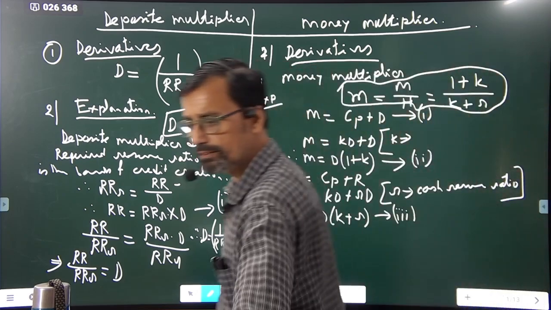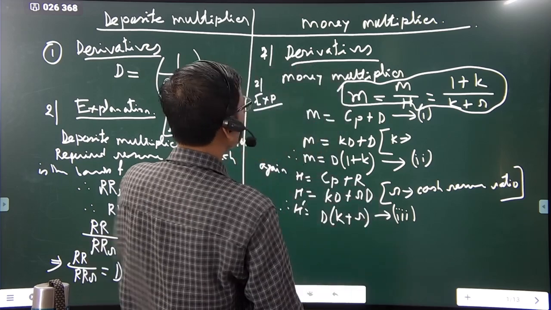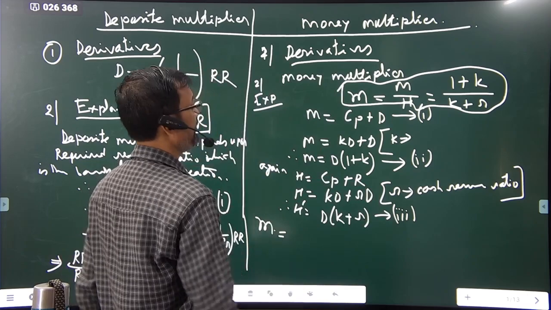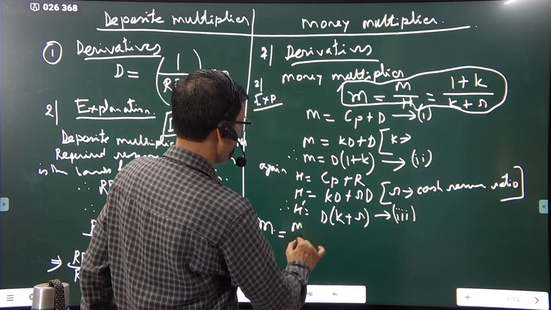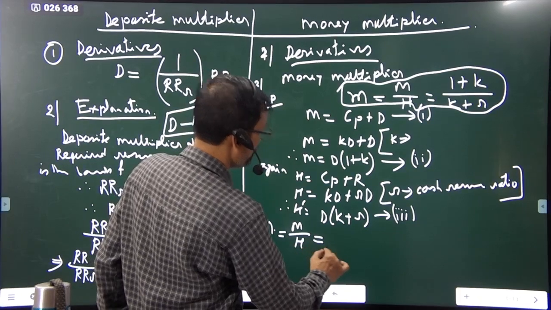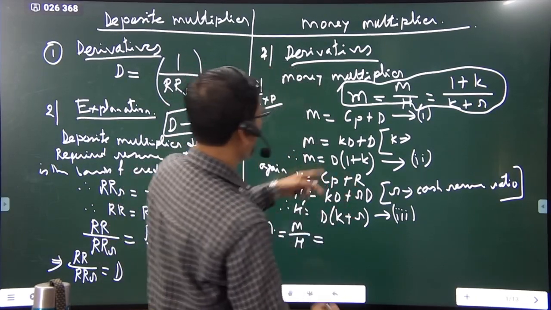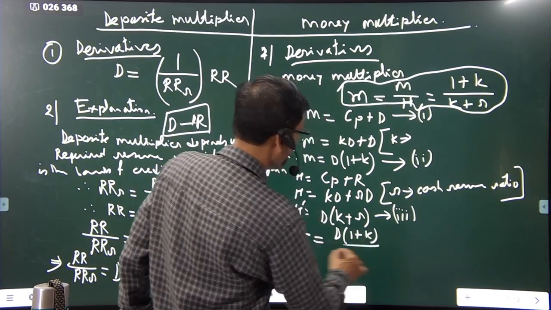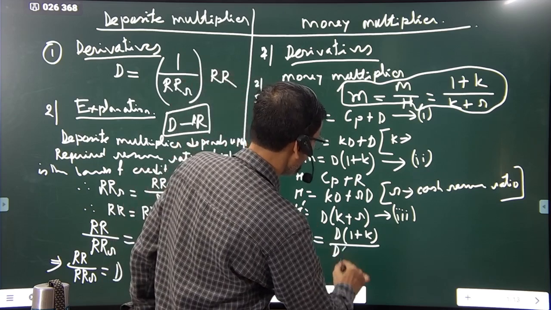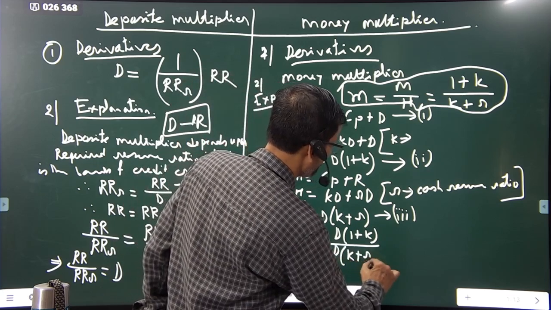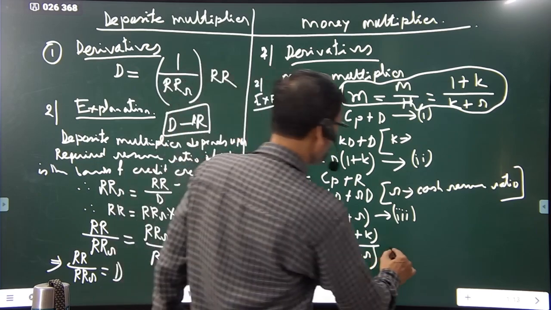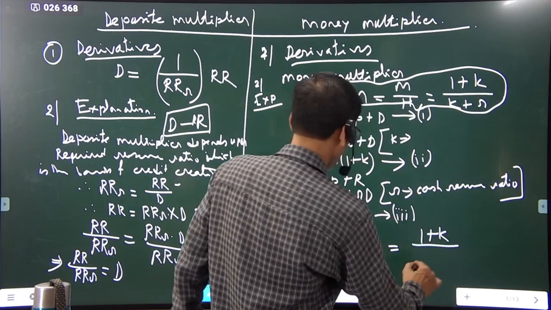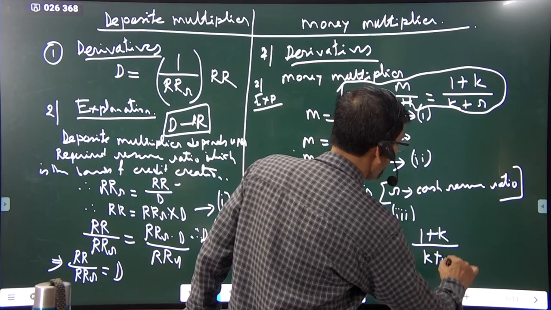Then we will get the money multiplier, M by H. What is the value we got already? M is D(1 plus K) divided by D(K plus R). So D and D cancel out, and we get (1 plus K) divided by (K plus R).